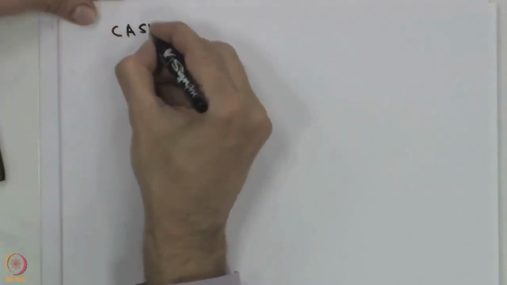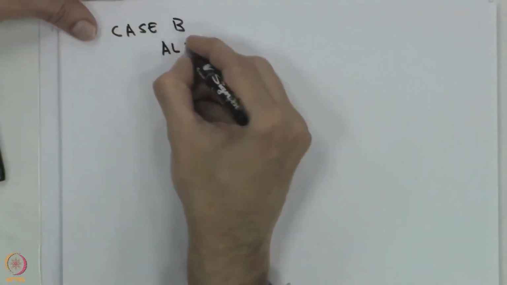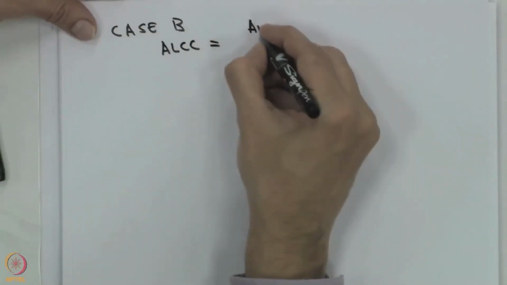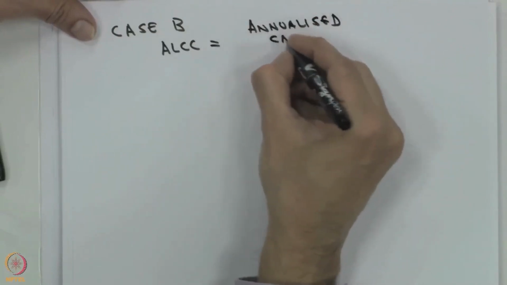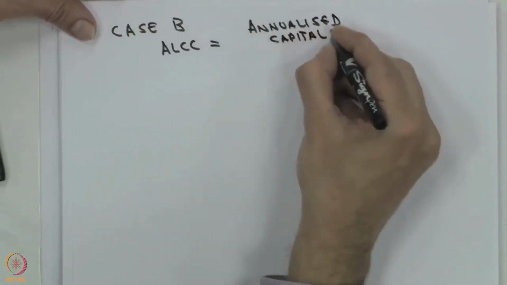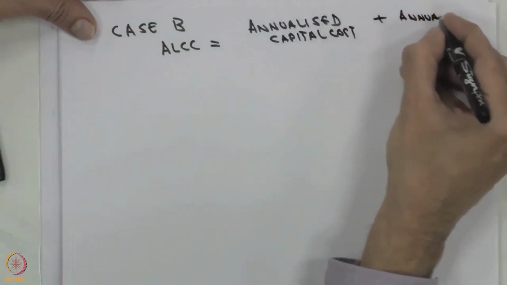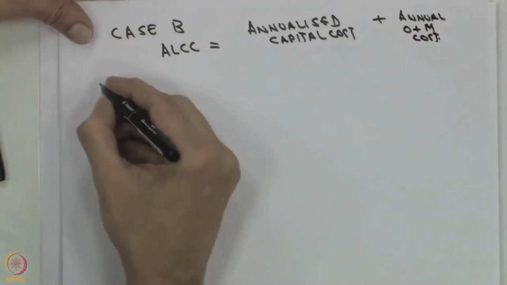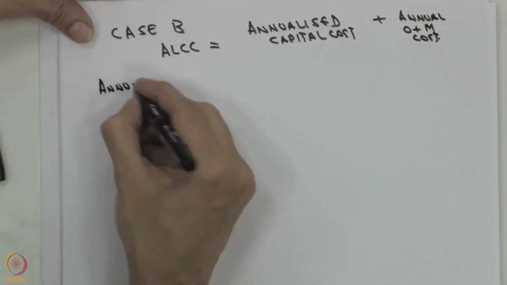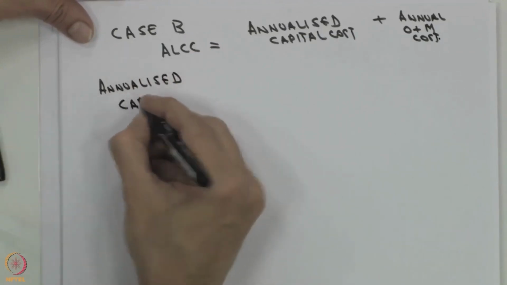In case B, when we talk about the ALCC, again this ALCC will have two components: annualized capital cost plus annual O&M cost. There is no fuel cost here. In the case of annualized capital cost, we have three components, and remember these three components have different lives.